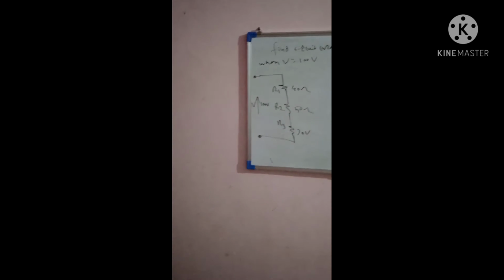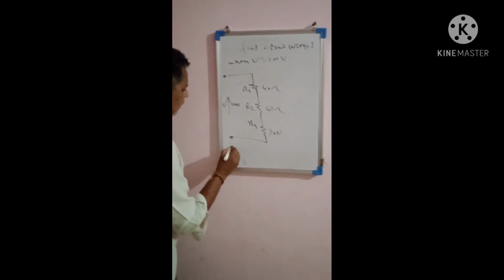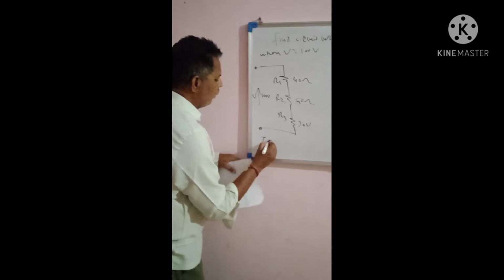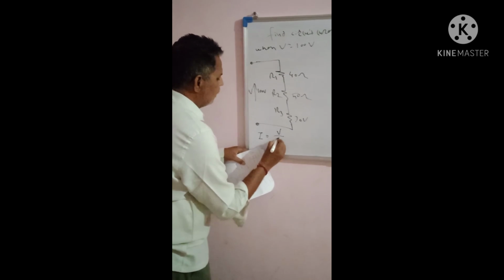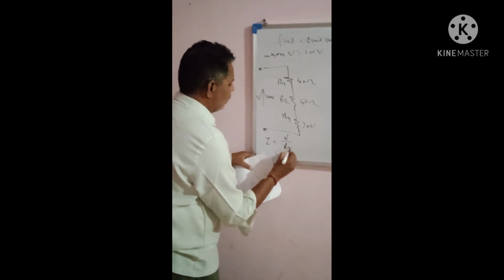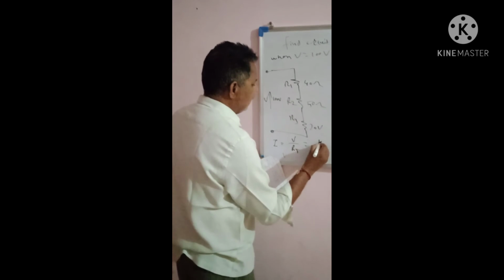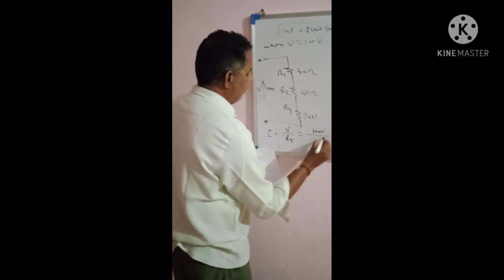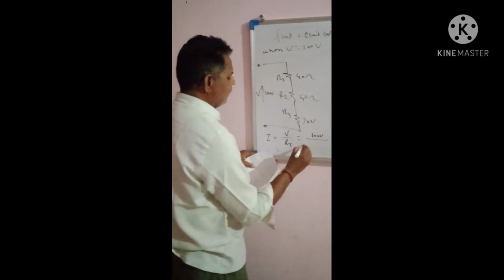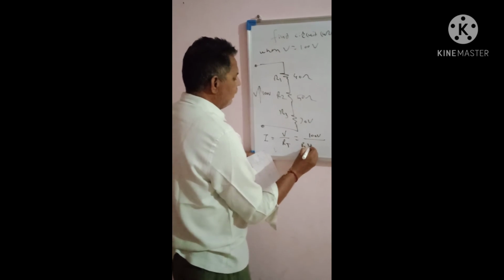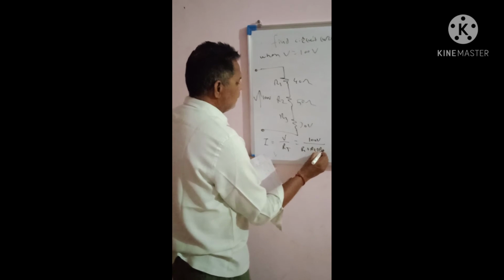Now remember how to calculate circuit current. Circuit current is I equal to V divided by R equivalent or R total. Your circuit voltage is 100 volt divided by R_T. Now R_T is nothing but R1 plus R2 plus R3.